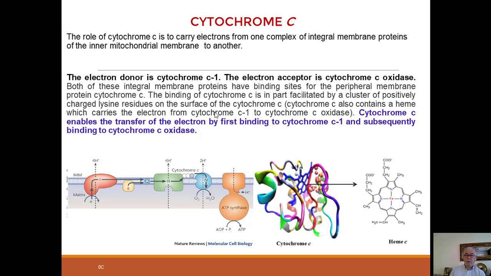The electron acceptor is cytochrome c oxidase, and electrons from cytochrome c1 to cytochrome oxidase are transferred by cytochrome c. Both these integral membrane proteins have a binding site for the peripheral membrane protein cytochrome c. Cytochrome c enables transfer of the electron by binding to cytochrome c1 and subsequently binding to cytochrome c oxidase. It has a key role between cytochrome c1 and cytochrome oxidase.